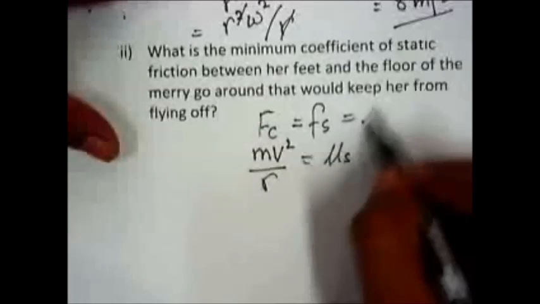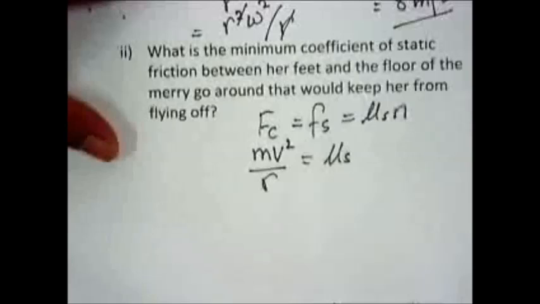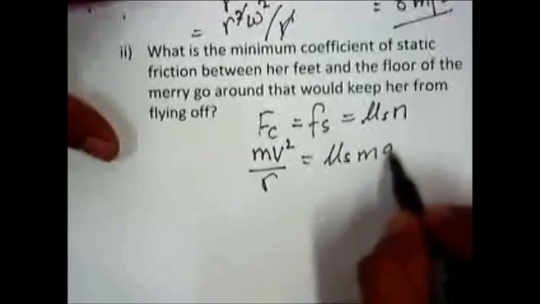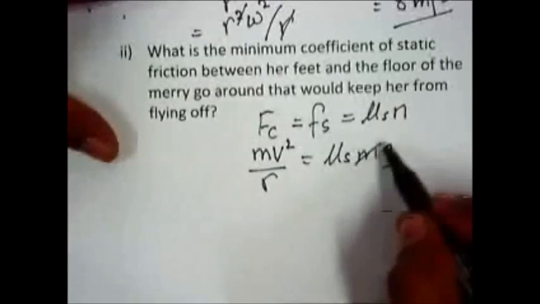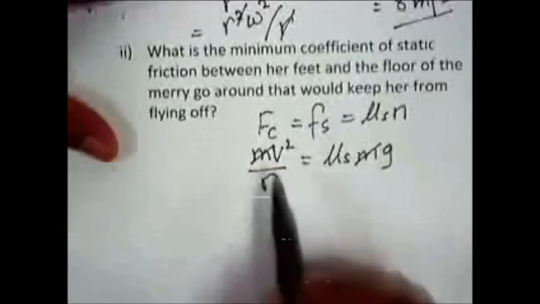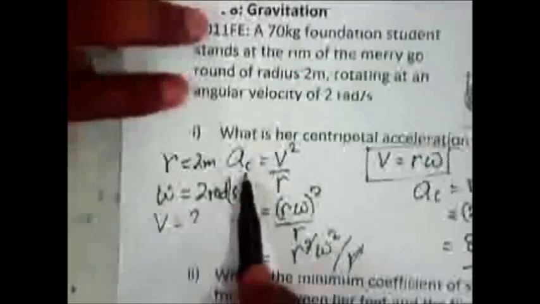Fs is equal to mu s multiplied by normal force. Since she is on a flat surface, normal force will be mg. You'll see that the masses cancel out, and you have v squared over r, which was the same thing as your acceleration, which we found in the first part, 8 meters per second squared.